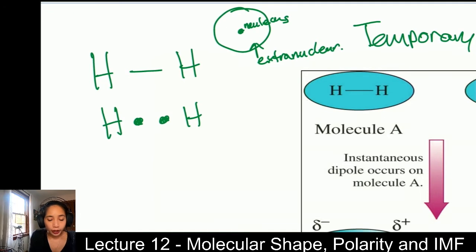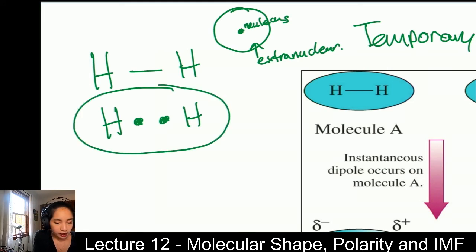So when we bring 2 hydrogen atoms together, we're combining those extranuclear regions of the 2 hydrogen atoms. So essentially, instead of those 2 electrons being stationary, those 2 electrons are now able to move around in either hydrogen's extranuclear region.